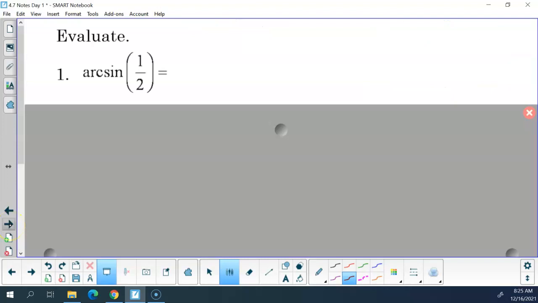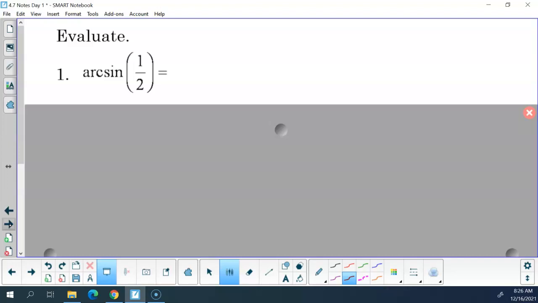So the arc sine of 1/2. In my brain, I'm thinking, where on the right side of the unit circle is sine equal to 1/2? Sine is x or y? Sine is y.